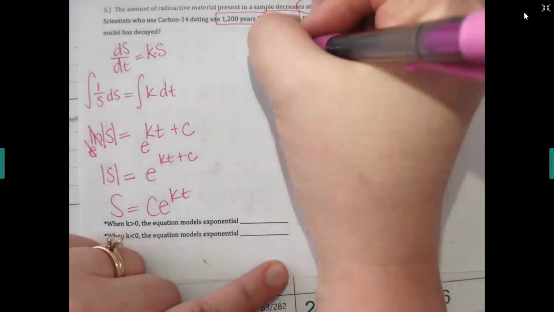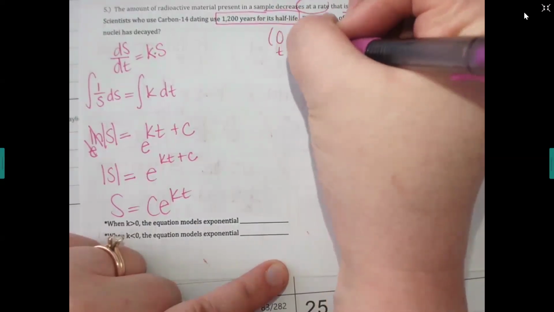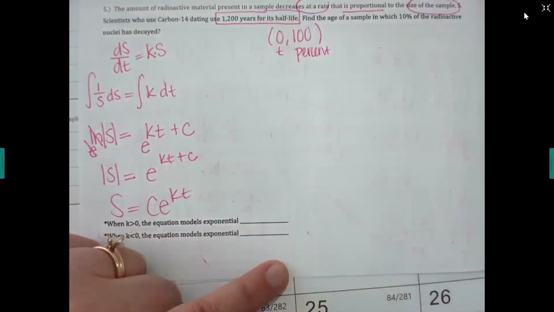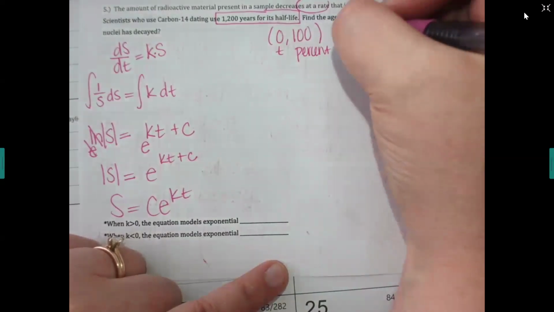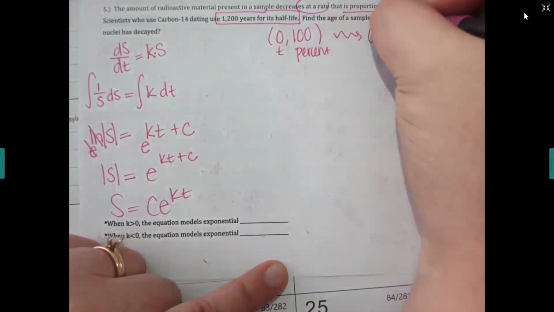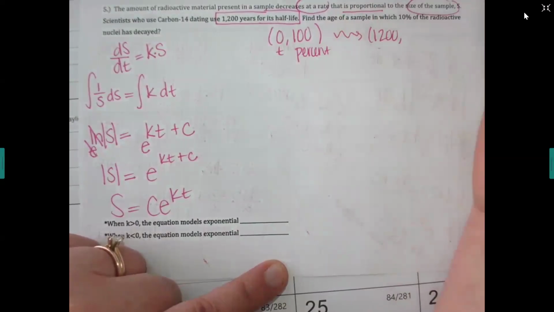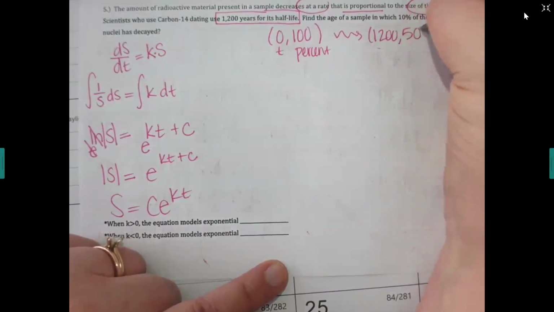So at 0, we're going to have to construct our own points because they didn't tell us how much of the sample there is. So we're going to say that at time 0, I have 100% of the sample. And then after 1,200 years, what percent of the sample will I have? 50, because it's a half-life.